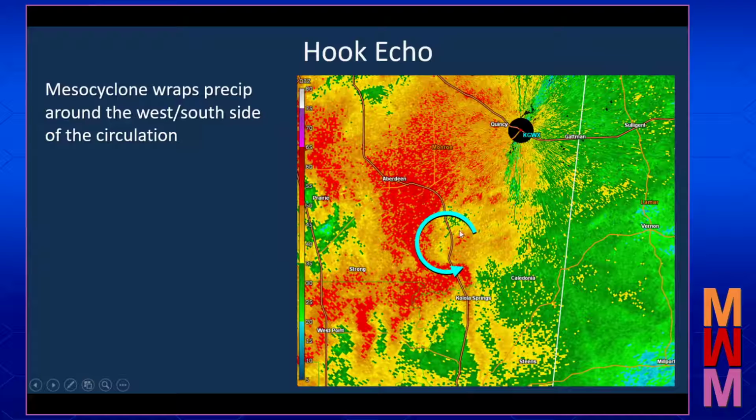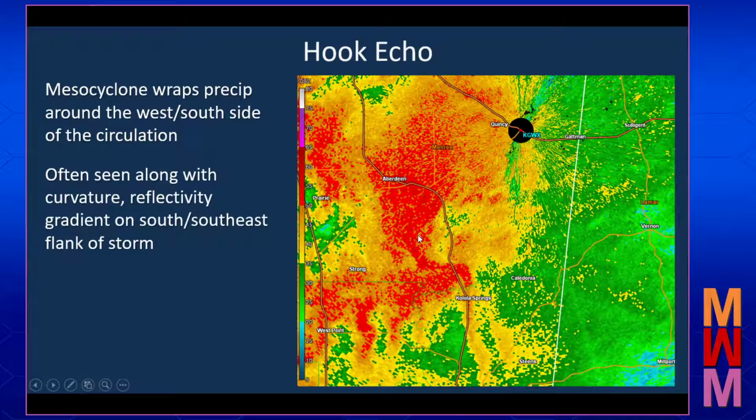Hook echoes form when the mesocyclone, that large-scale circulation, takes some of the precipitation, the rain and hail, and wraps it around the western and the southern side of the circulation, leading to the figure 6 type shape, or sometimes the fishhook type shape that we might see, oftentimes on the south or southeast or southwest flank of the storm.